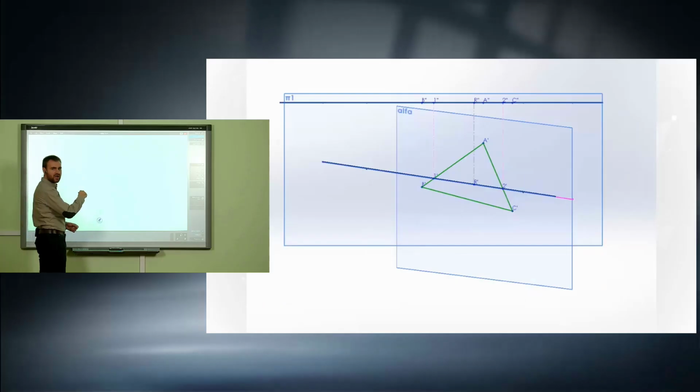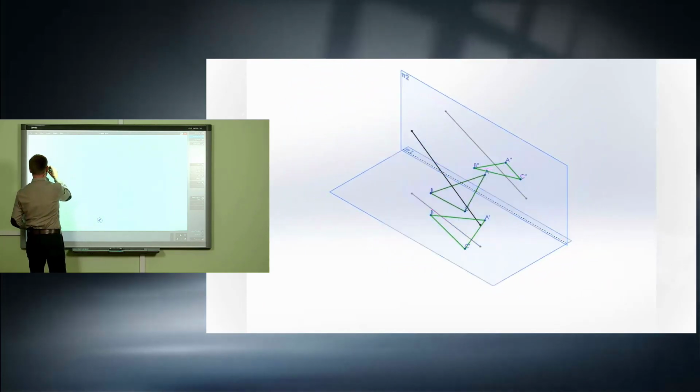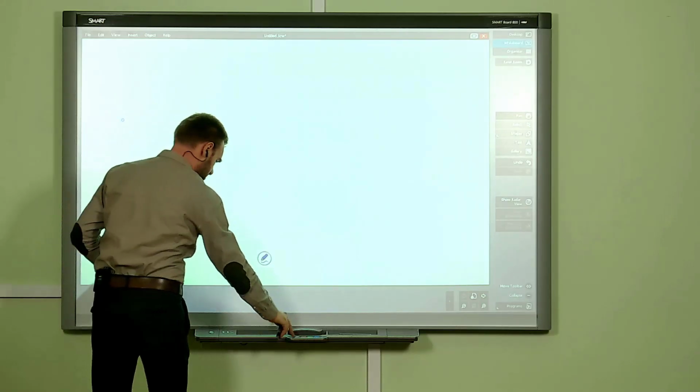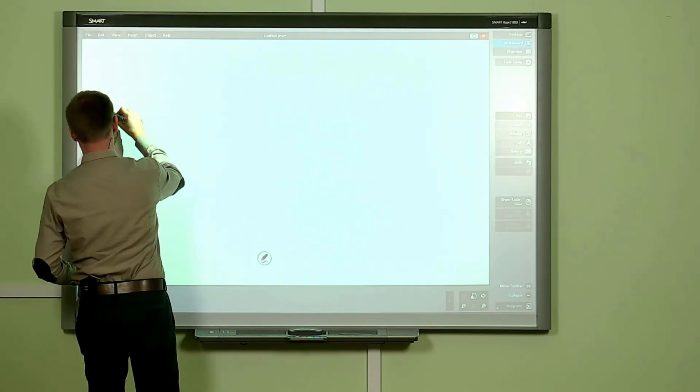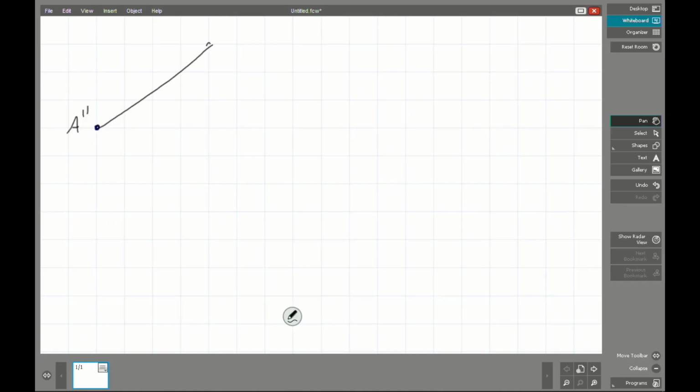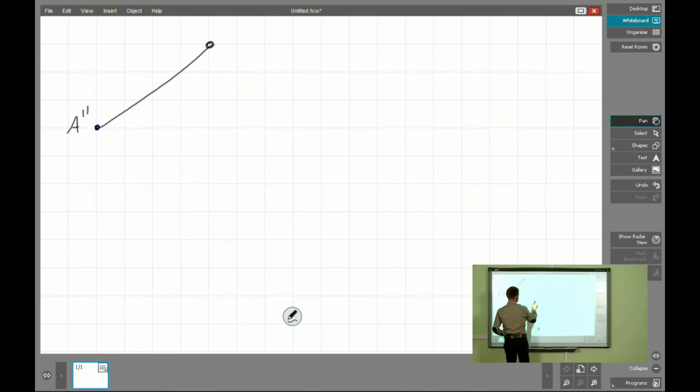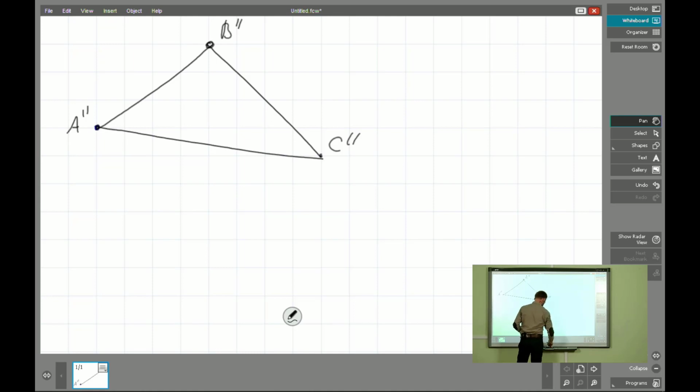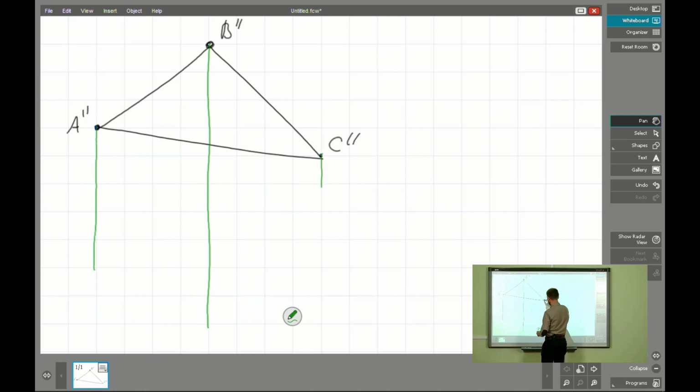Okay, and now I will give you a similar assumption as we saw on our animation. By the black color I will denote assumptions. Okay, let's say here we have A double prime, B double prime, C double prime, and by green color or red color I will be denoting the projection lines, I mean the auxiliary lines, or something like that, let's say.